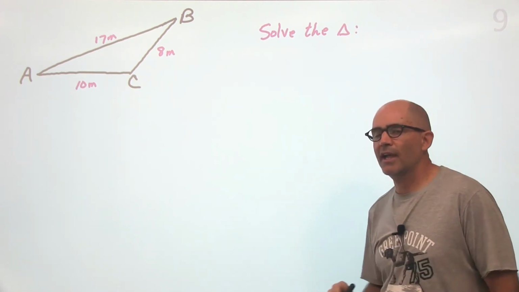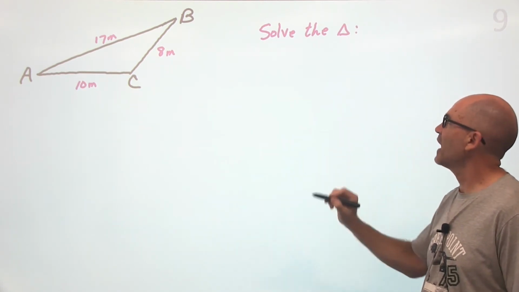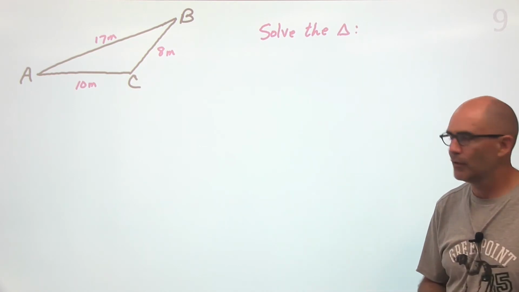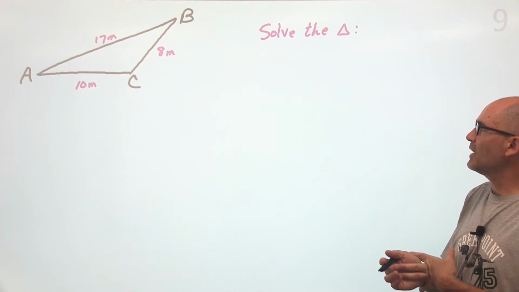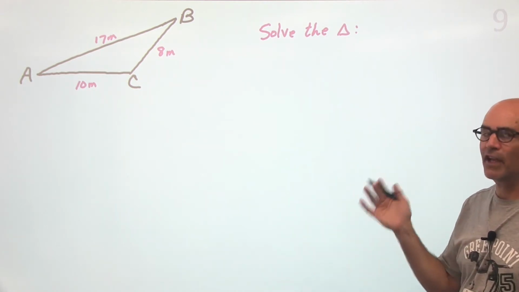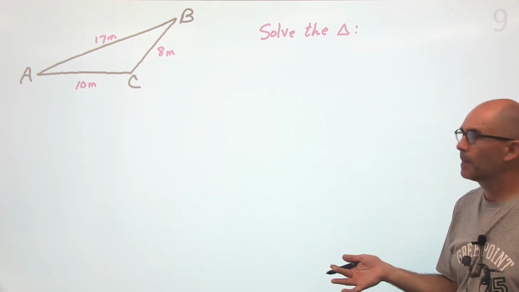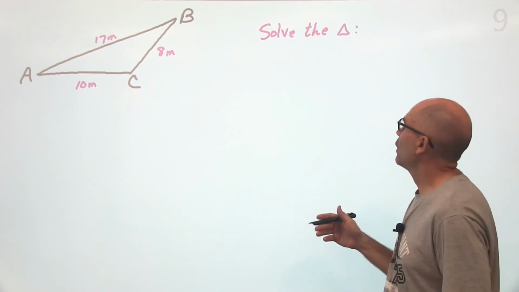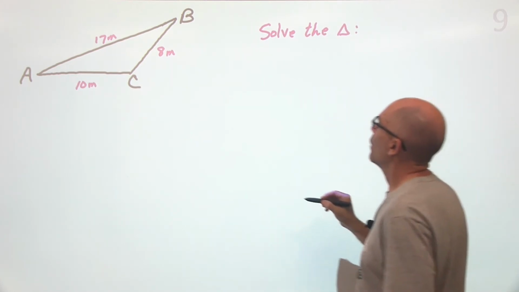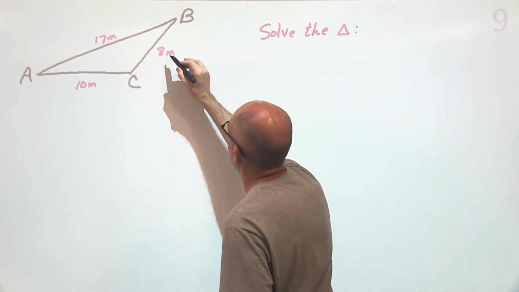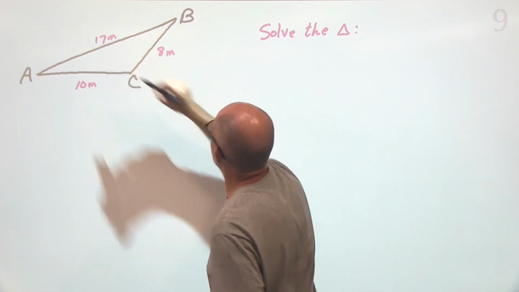Now, here's a triangle where we're given side, side, side, and we need to solve it. That means I need to get all of the angles. Well, law of sines is useless because we don't have an opposite angle. So what we need is law of cosines again, and so what we're going to do is start with c squared.